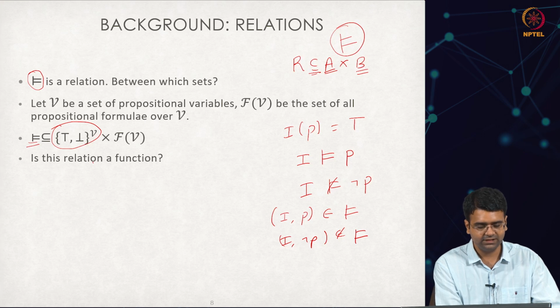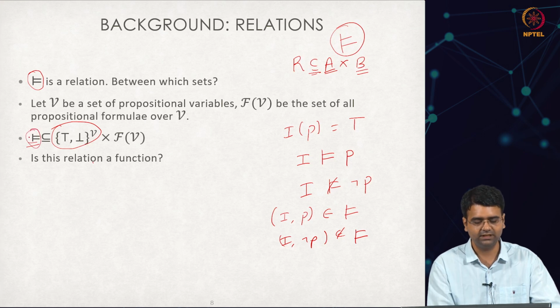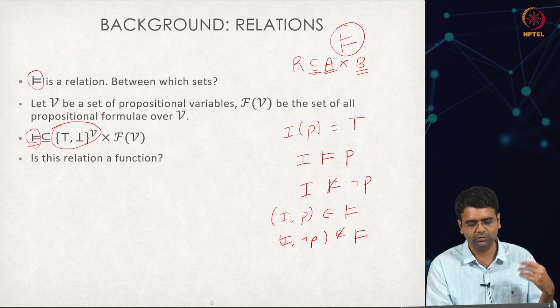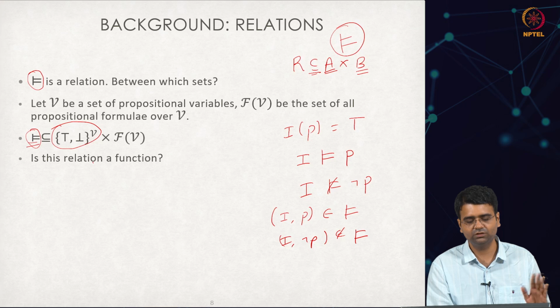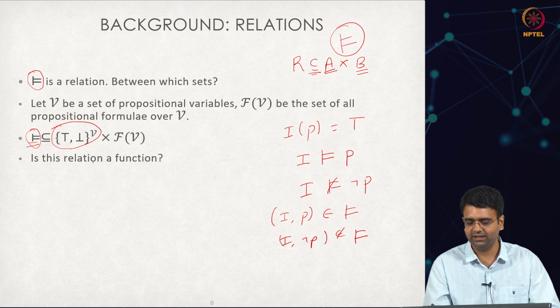So is this models of relation a function or not? To answer that question, you need to think whether it is possible that an interpretation could be related to multiple formulas. And indeed, it is clearly possible.